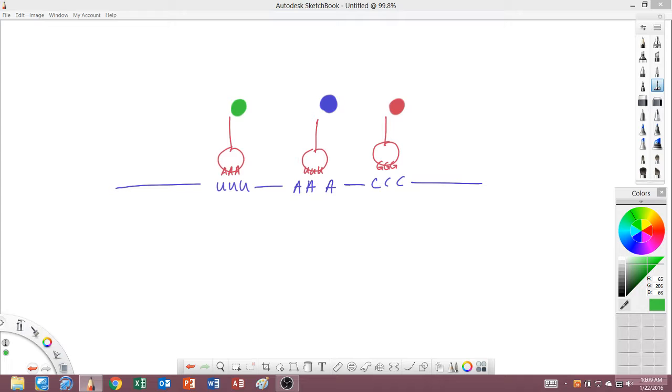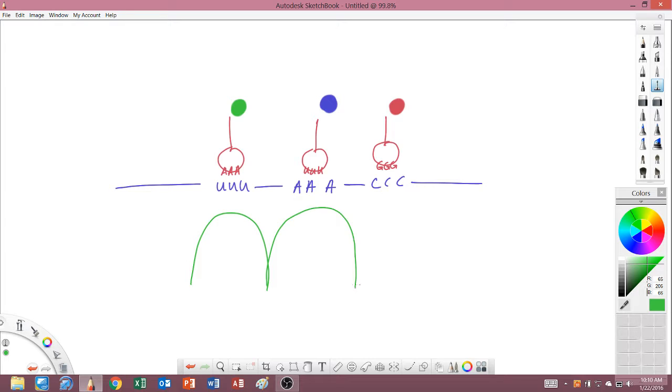Otherwise, they will not stay stable, they will fall off. So let's make a large subunit of the ribosome.